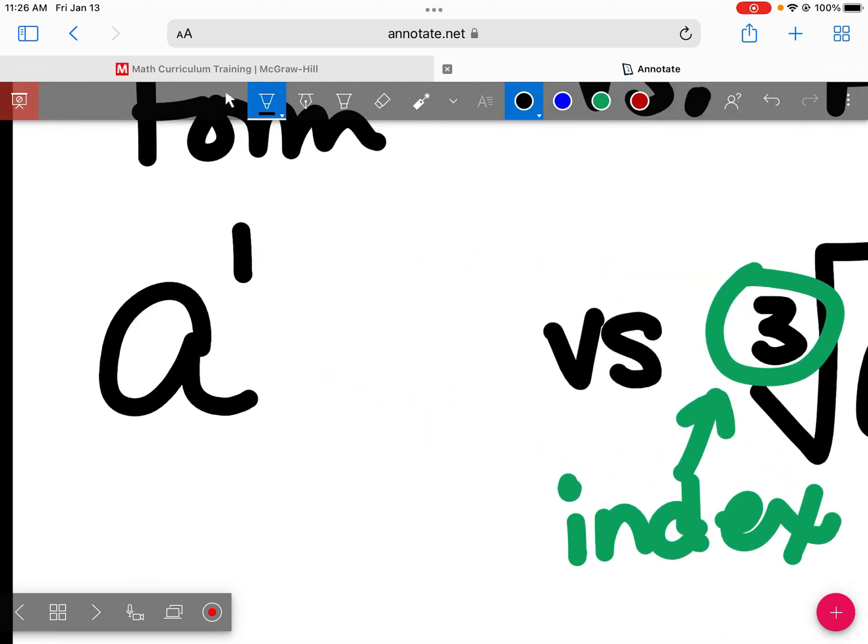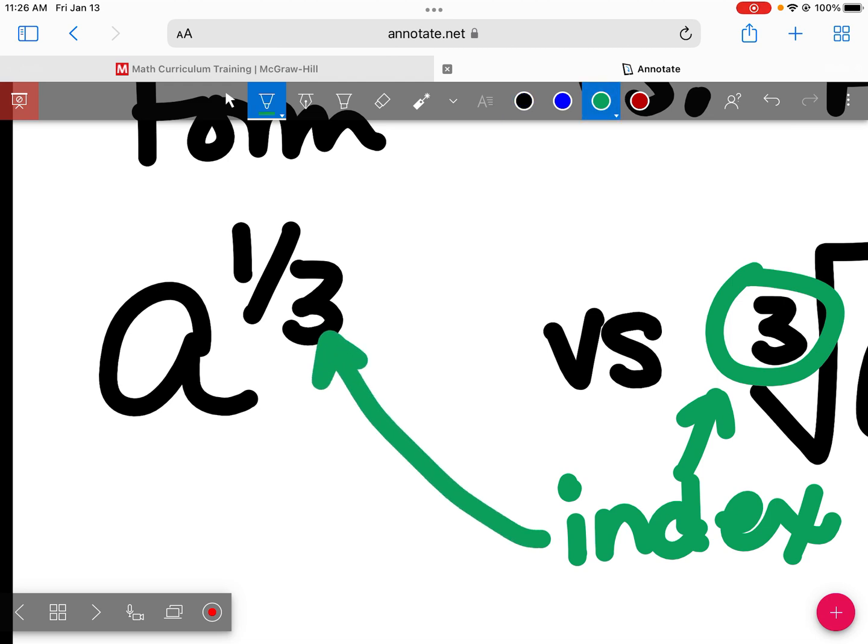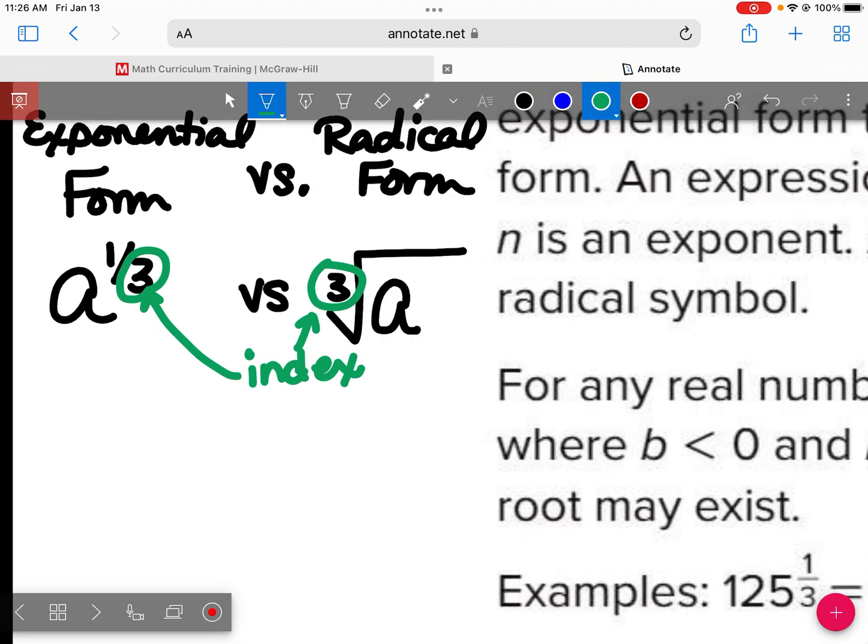So this would be a to the 1/3 power. The index goes on the bottom. So if I have something under a radical, I can rewrite this in exponential form where the index becomes the bottom part of a fraction.